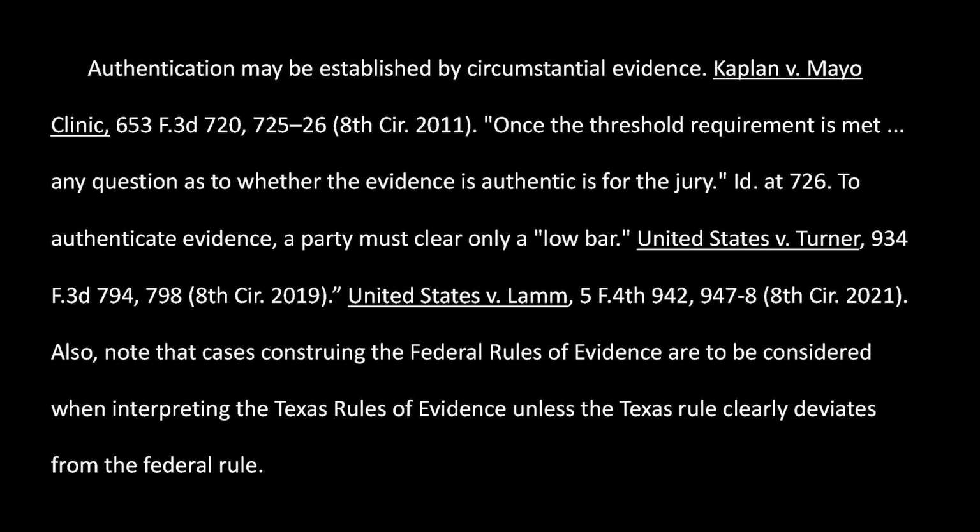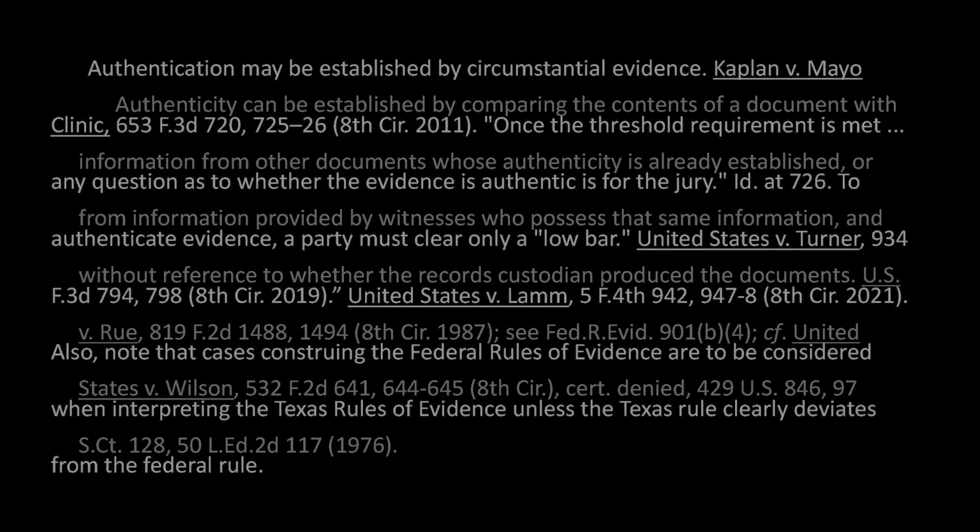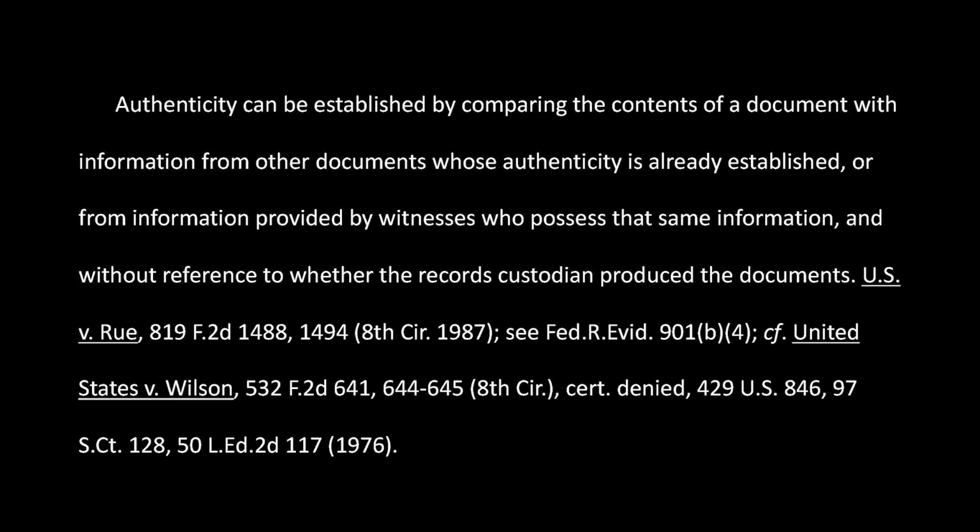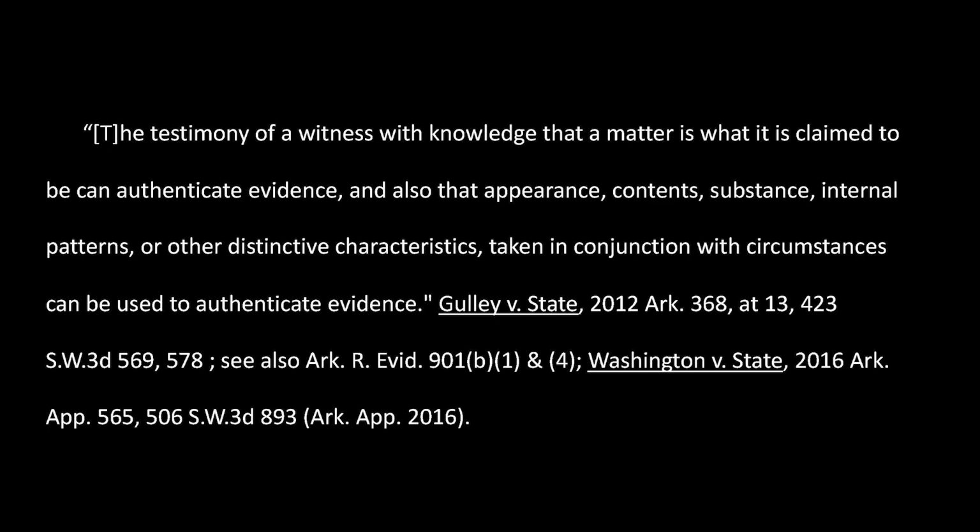Authenticity can be established by comparing the contents of a document with information from other documents whose authenticity is already established, or from information provided by witnesses who possess that same information, and without reference to whether a records custodian produced the documents. The testimony of a witness with knowledge that a matter is what it is claimed to be can authenticate evidence.